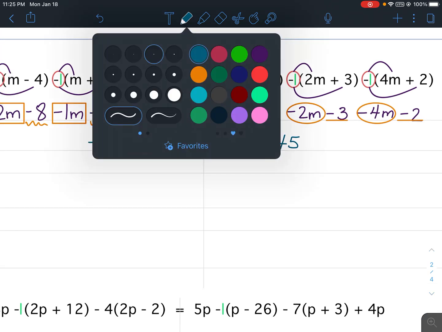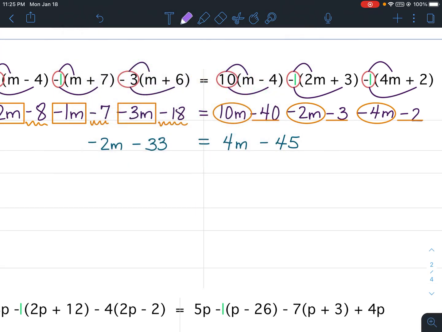All right, next step. Variable terms to one side, constant terms to the other side. I like my variable on the left, so I'm going to take my +4m to the left by making it -4. So I'm subtracting 4m from both sides.